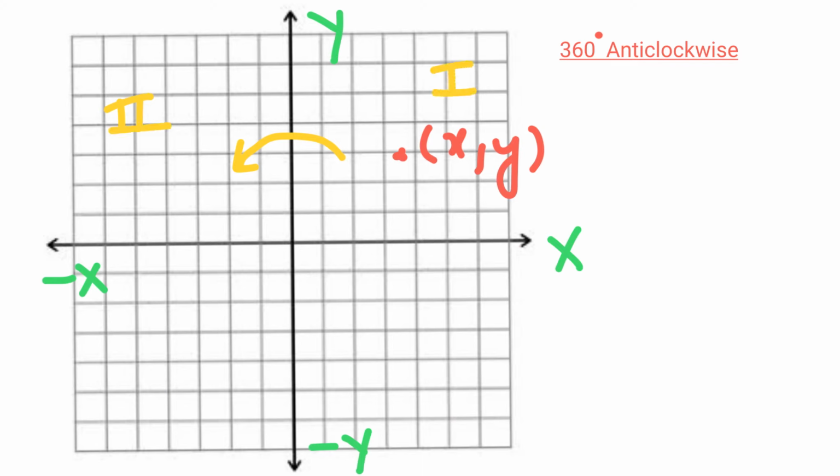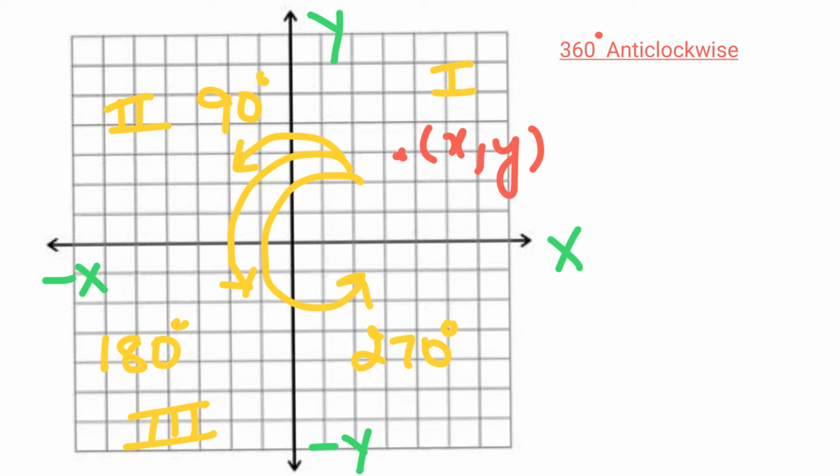This is the first quadrant. So after 90-degree rotation of the same point, I land up in the second quadrant. If I do a 180-degree rotation of the same point, I land up in the third quadrant. If I do a 270-degree, all these rotations are anti-clockwise, so if I do a 270-degree rotation of the same point, I land up in the fourth quadrant.